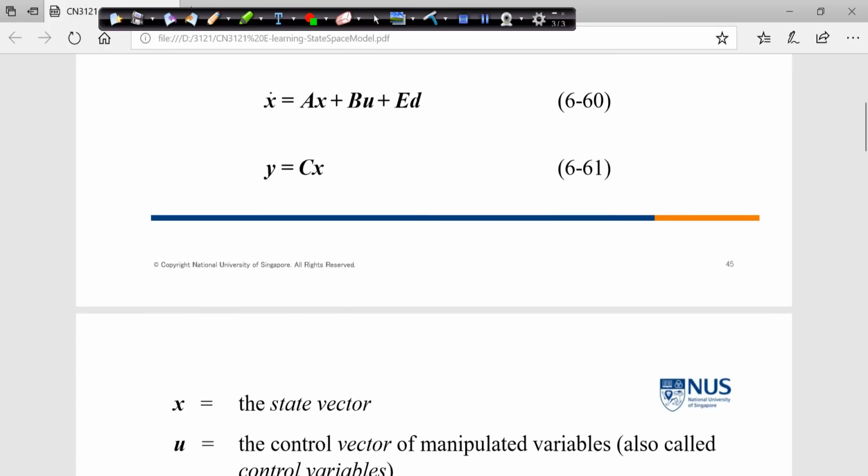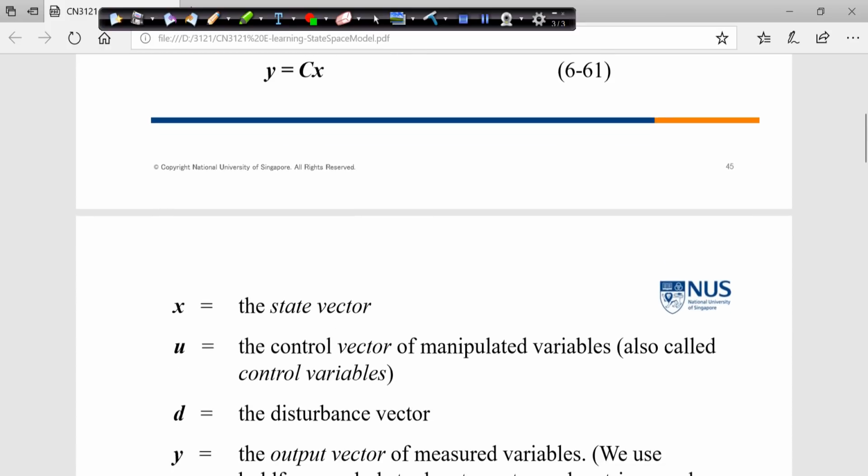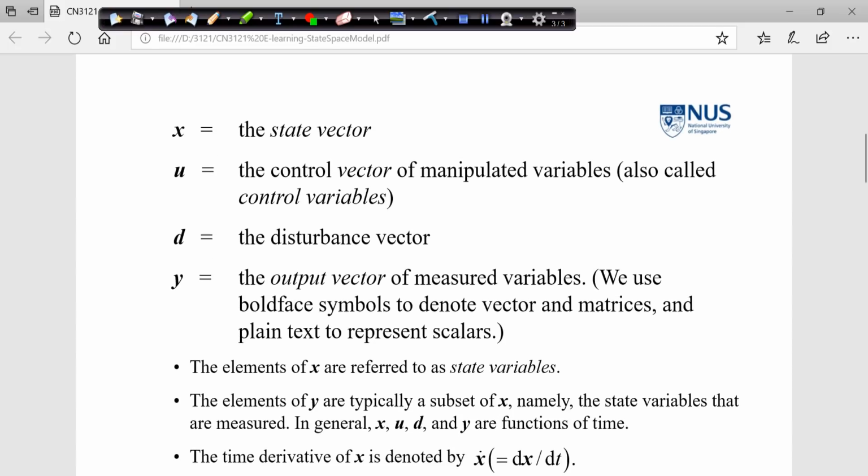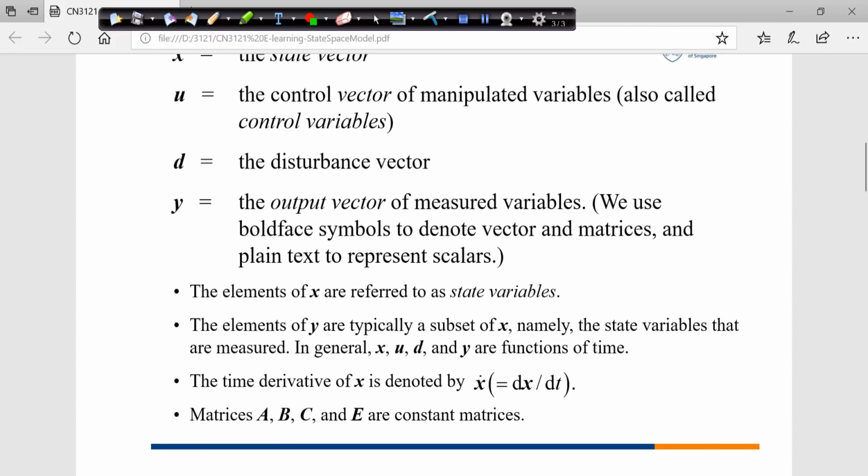So you see these are all the matrices and the vectors. It's noted that the elements of x are referred to as state variables, while the elements of y are typically just a subset of x.